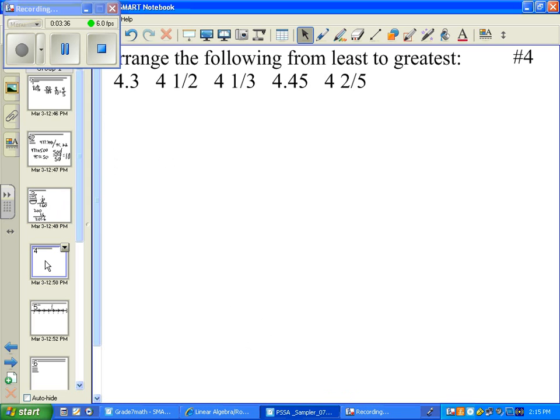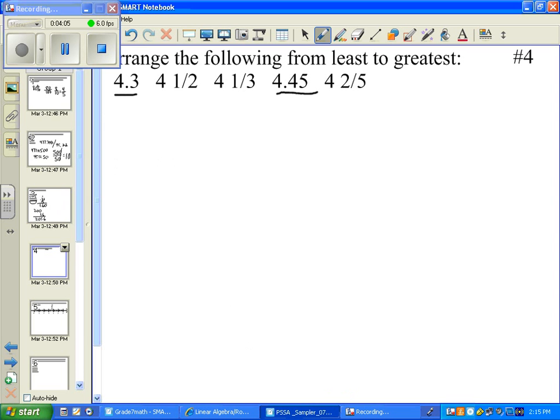Let's move on. Take a look at number 4. Arrange the following from least to greatest. It probably would be pretty convenient if we put these all into decimal form. We notice that we have 2 of these in decimal form.